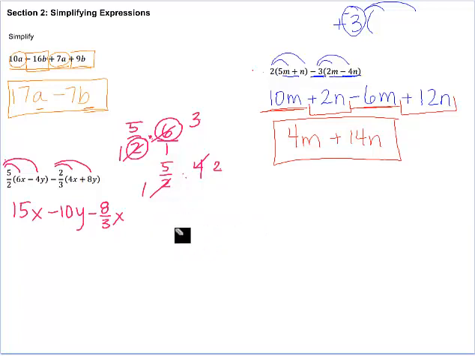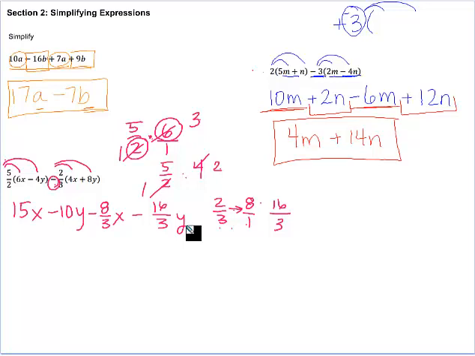And then we have to take 2/3 times our 8. Once again, nothing simplifies numerator and denominator, so we have to multiply straight across. 2 times 8 is 16. 3 times 1 is 3, so that's 16/3. And it's a negative 2/3 that we're distributing because of the minus sign, so this would be minus 16/3 y.